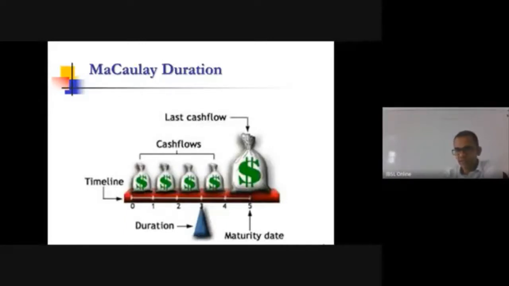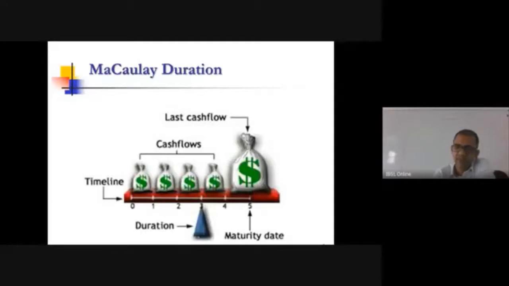If you put this on a flat surface and you want to balance it, what is the point where you need to place the support? That is the place, the duration. So that is one way of looking at Macaulay duration.